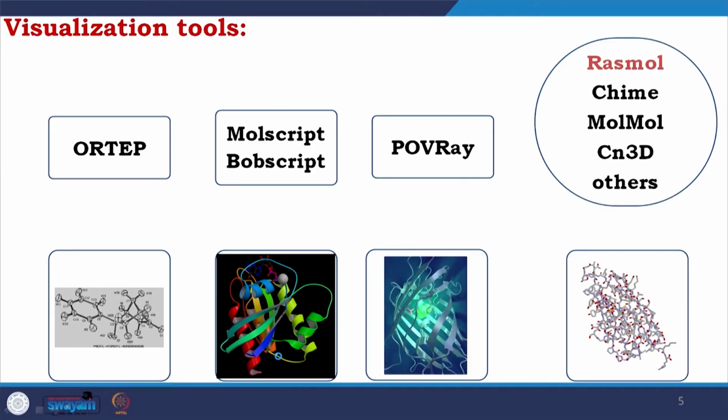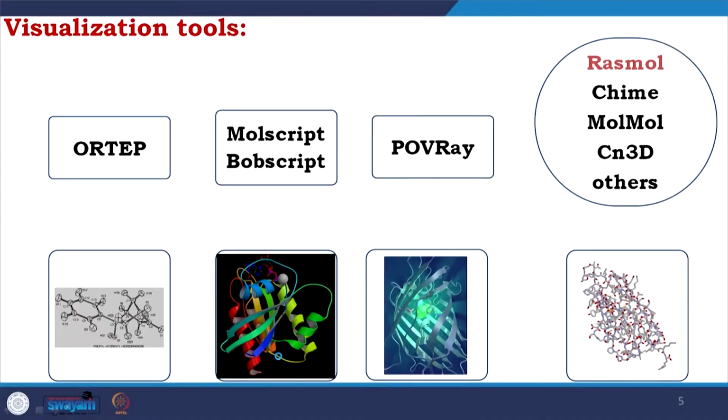And when we talk about them, we have a flow starting from ORTEP. ORTEP is the first kind of computational platform, and then it comes to script writing, MolScript, BobScript, then there are POV-Ray, Raster3D, which help improve the quality of the figure, and last but not the least, the visualization platforms like RasMol, KiNG, MOLMOL, Cn3D and many others.